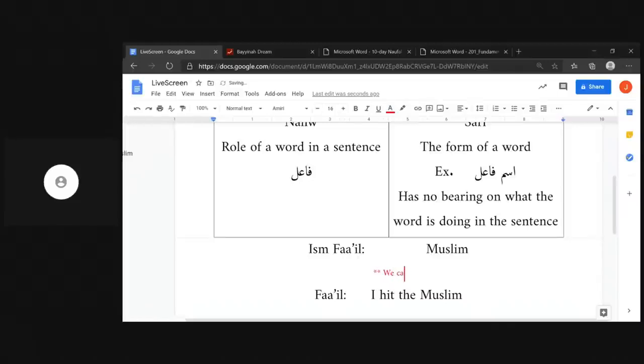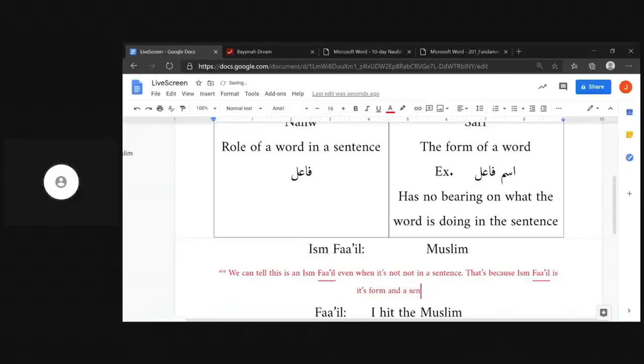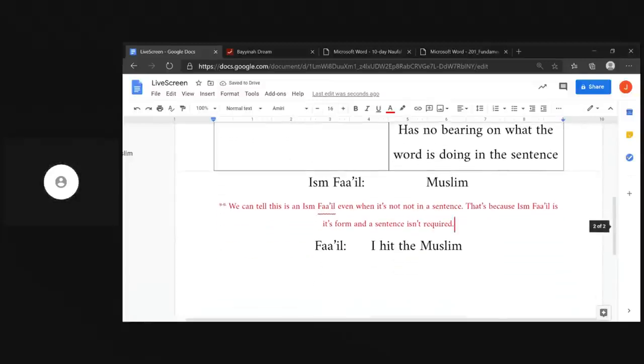Okay, we can tell this is an ism fa'il even when it's not in a sentence because ism fa'il is its form and a sentence isn't required. What was the first example I gave? The Muslim went to the store.